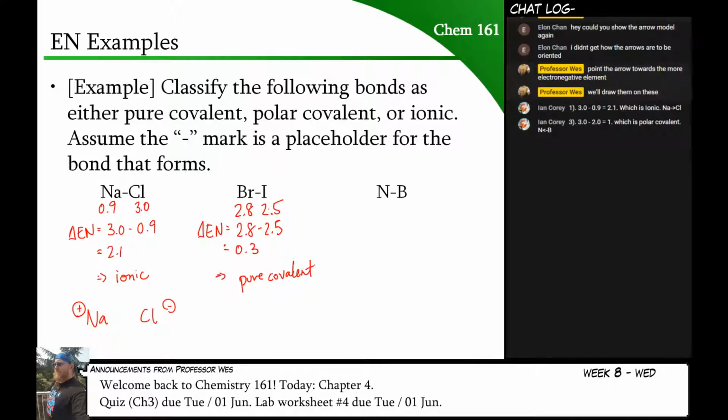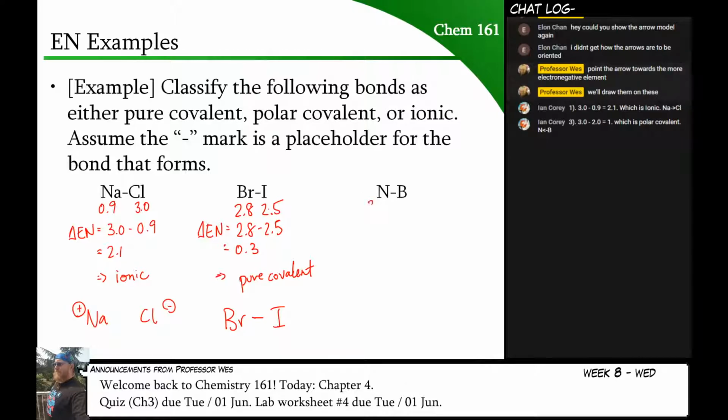So there's a very small electronegativity difference between bromine and iodine. And it's so small that we consider that there is essentially no displacement of electrons between them. So if we were going to draw the bond, we would just draw that and it'd be done. Don't put any sort of mark on it at all because it's pure covalent.